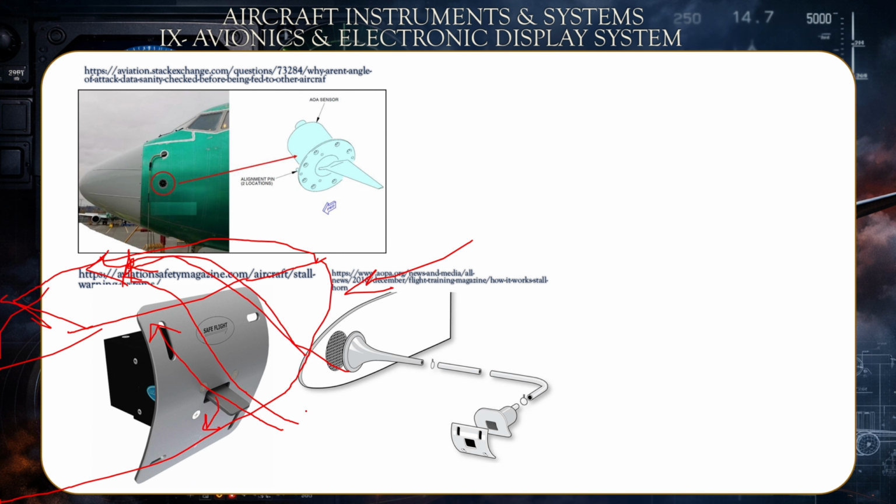Now, however, when you have a stall condition, what will happen is that the air, instead of moving around the wing like this, would move upwards. The moment it moves upwards, this switch over here would go up. It would become like this within the sensor. So it will move up, activating the stall warning, which, for example, if it's connected to a stick shaker, will activate the stick shaker.